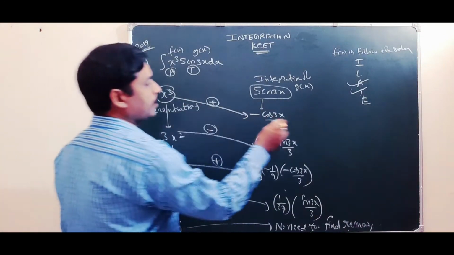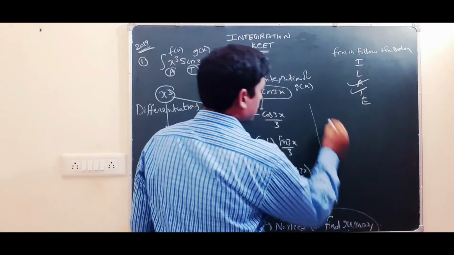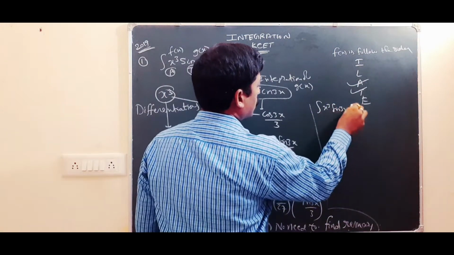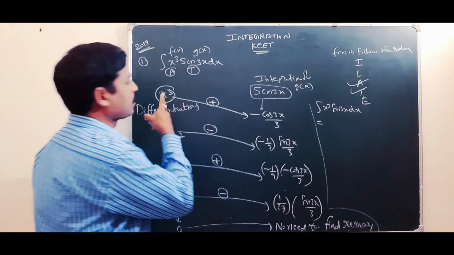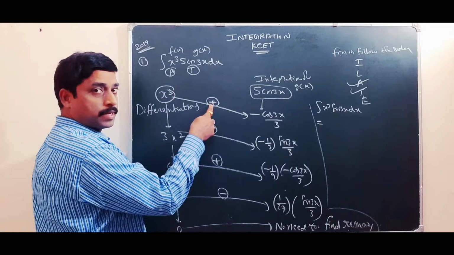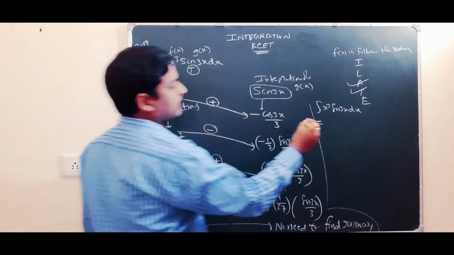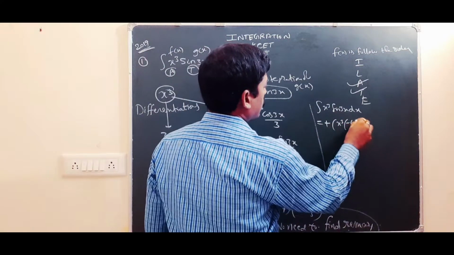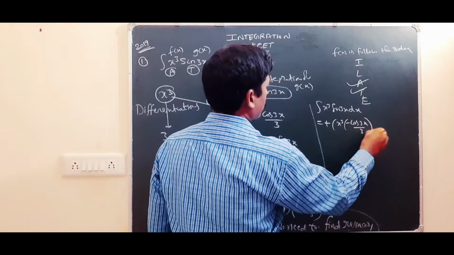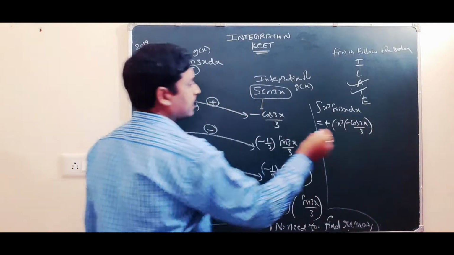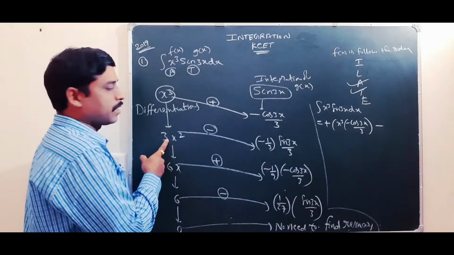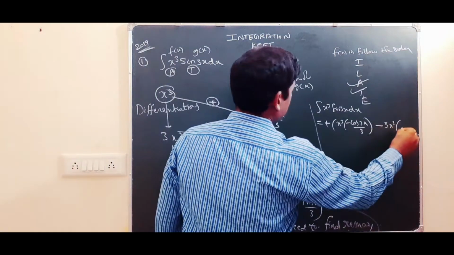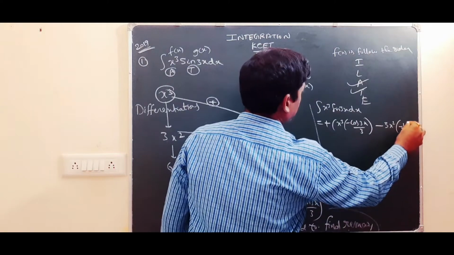So what is the final answer? Integral x cube sin 3x dx is equal to plus x cube into minus cos 3x by 3. The next sign is minus: 3x square into minus 1 by 9 sin 3x.